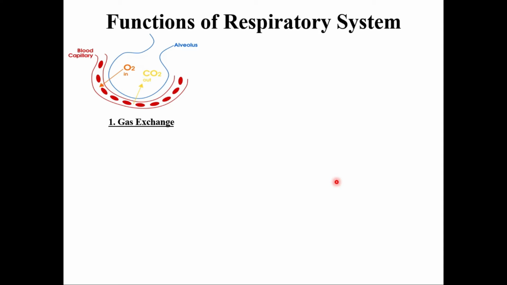Now, nitrogen is insoluble in plasma, lungs, and tissues. In fact, out of all three of the main gases, carbon dioxide is the most soluble in plasma and is 20 times more soluble in plasma even than oxygen. So we can say that oxygen and carbon dioxide, being soluble in the plasma, are exchanged, while nitrogen is not exchanged.